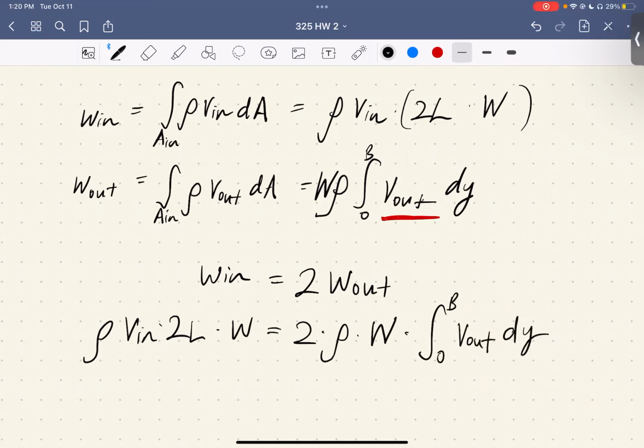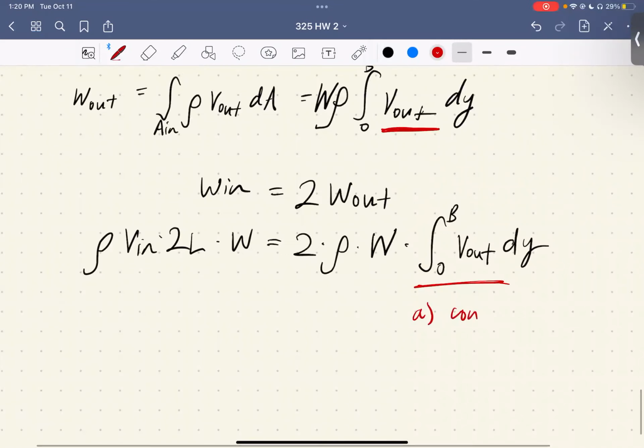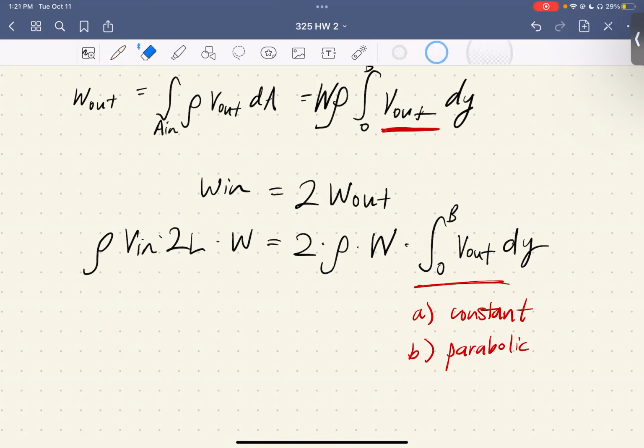And the reason why we're not solving for this integral is because we have two scenarios, A, that it's constant, and B, that it's parabolic. So we're going to just leave it right now and use this entire expression for both scenarios.